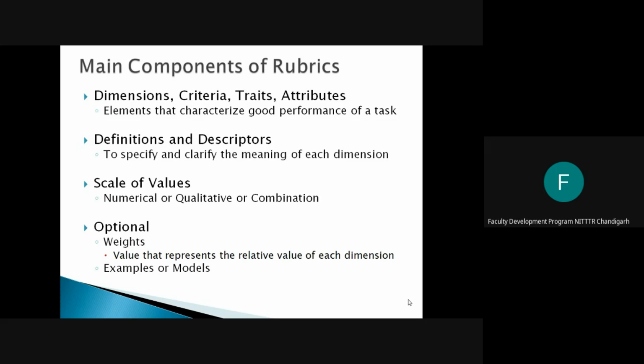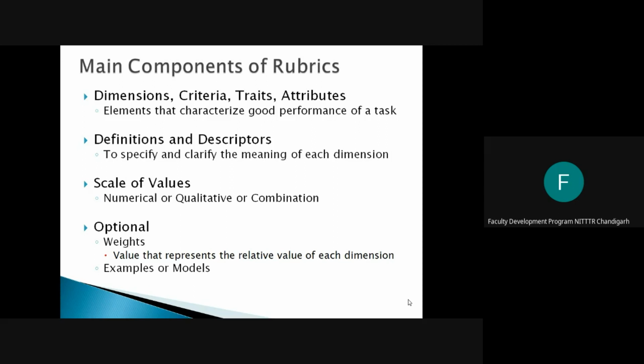So here I am giving the details that you are excellent in speaking if you are at this level. You are very good in speaking if you are at this level. You are good in speaking if you are at this level. If you can do this thing, you are at good level. If you are able to do these things, then you are excellent.